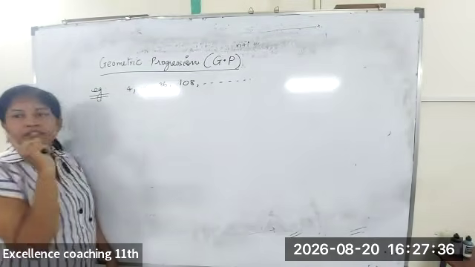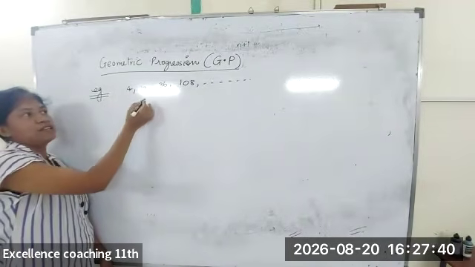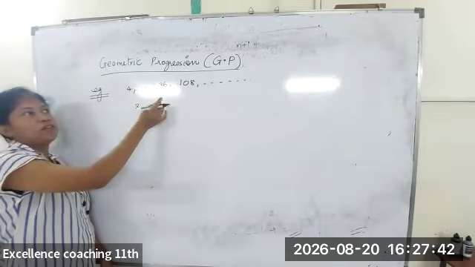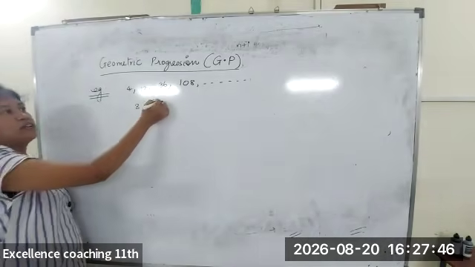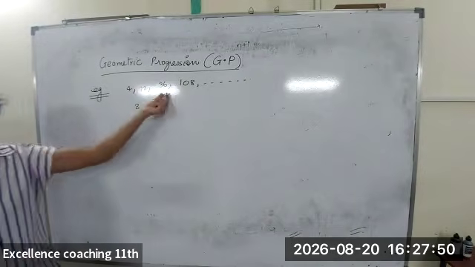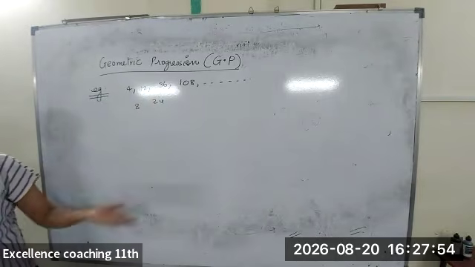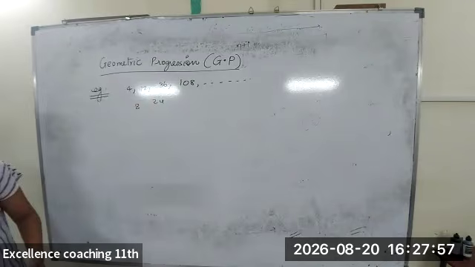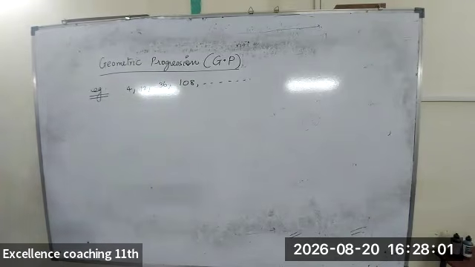The common difference should remain the same. 12 minus 4 is how much? 8. 36 minus 12 is not 8, it will be 24. Here, when you are subtracting, the difference is not remaining the same. So it is not an AP for sure. If it is not an AP, what will it be then? GP, because you have only two of them. So this is how you can check in the exam in case AP or GP is not mentioned in the question.